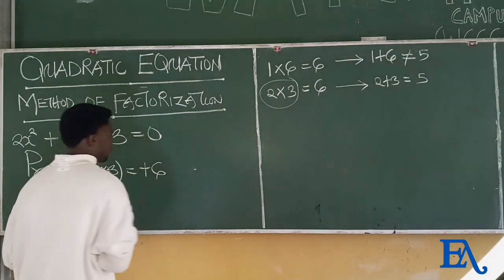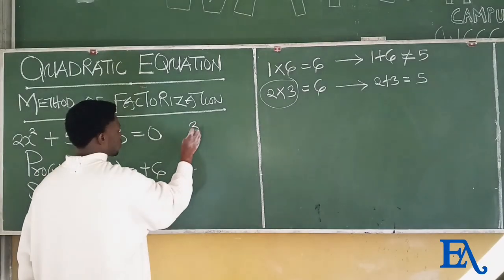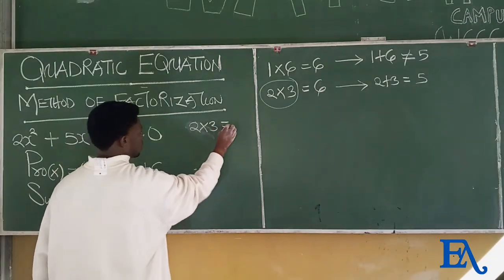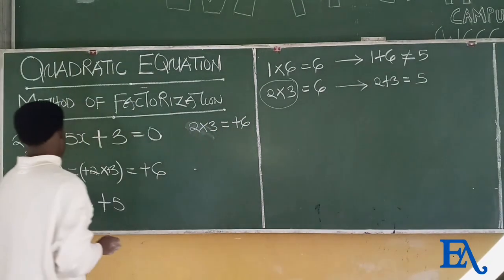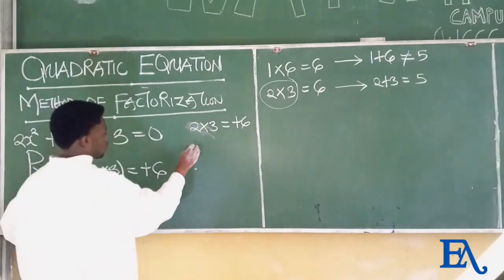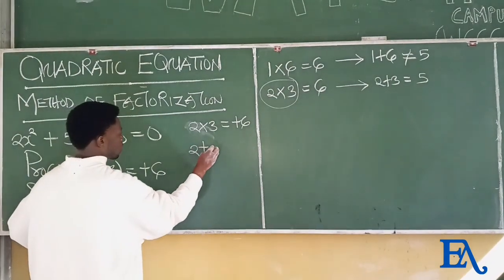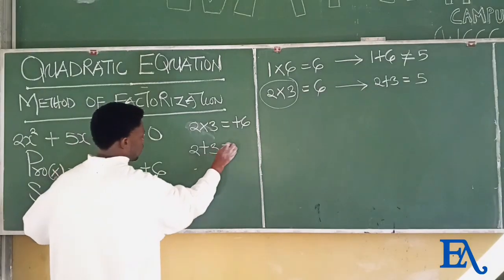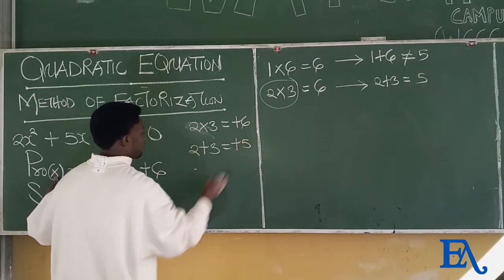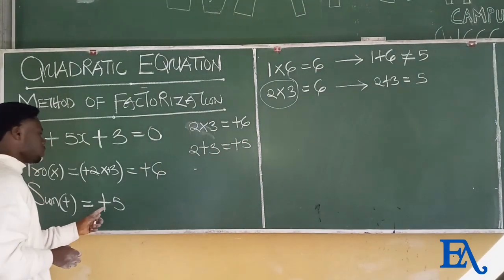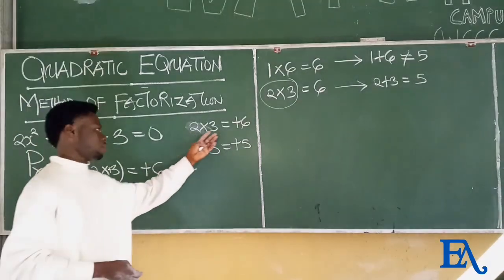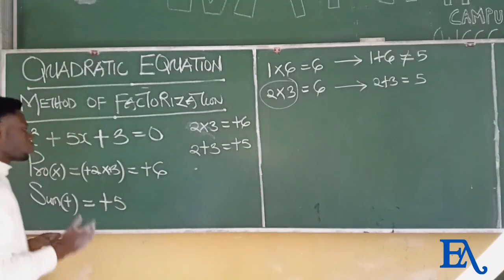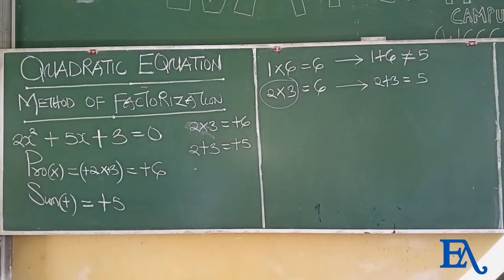Because 2 times 3 is plus 6, which is the product, and 2 plus 3 is plus 5, which is the sum. When multiplied, it gives 6. When added, it gives 5. So the right factors are 2 and 3.